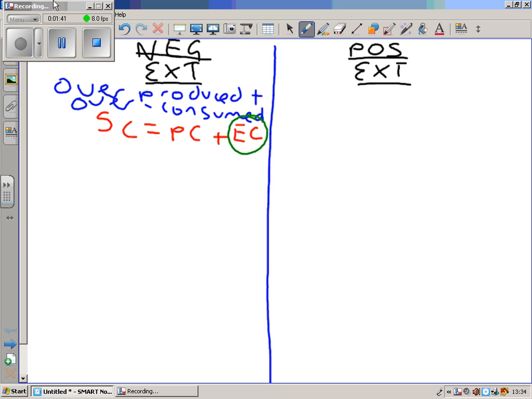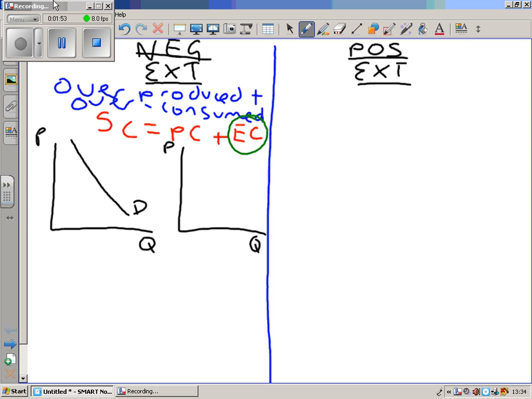We can graph this in two different diagrams. We've got an easy one and a more difficult one. We'll show both on the board. Go for the simple one first of all. So we're at this equilibrium point, P1, Q1.